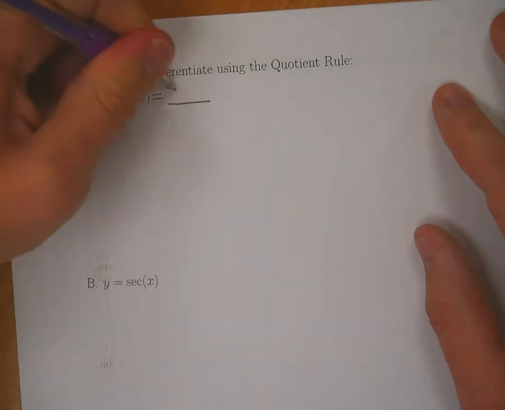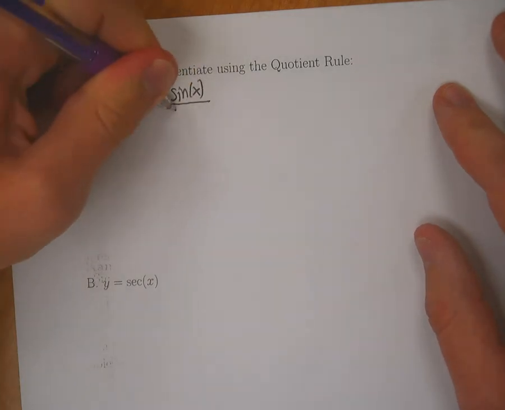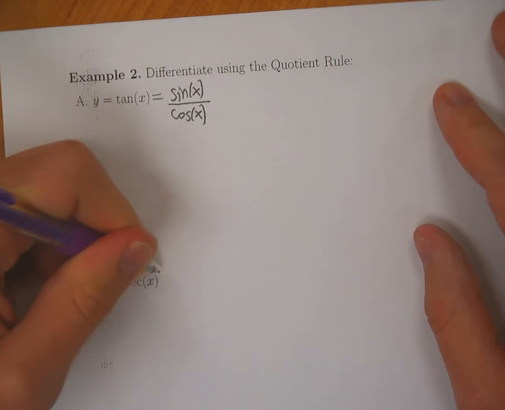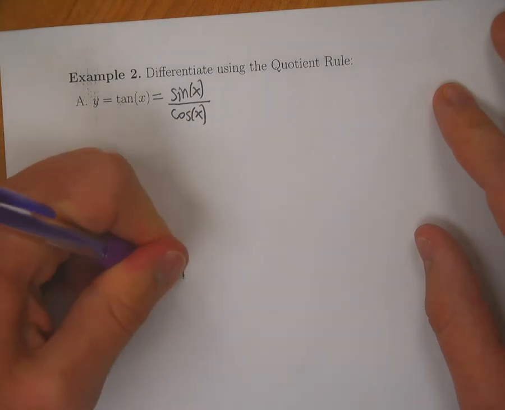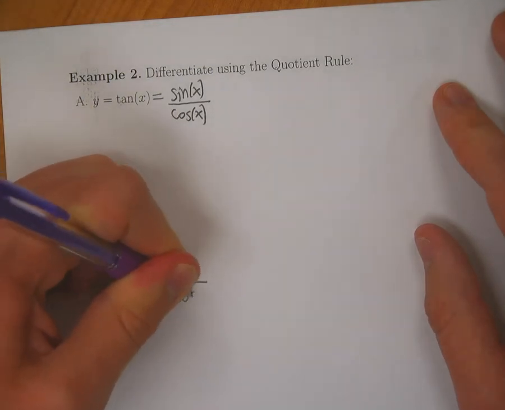Sine over cosine, good. Sine of x over cosine of x. And then similarly, secant is what? Yeah, it's 1 over cosine. Yeah, right. 1 over cosine.